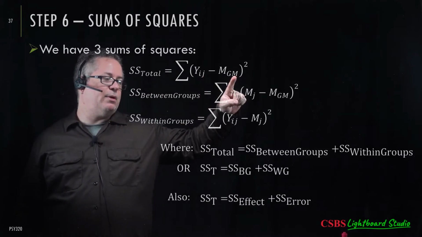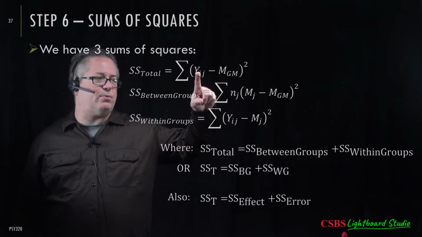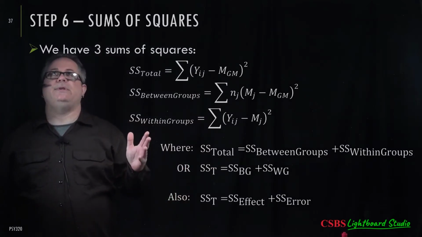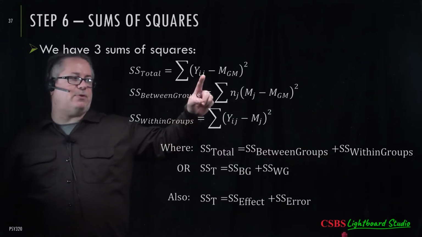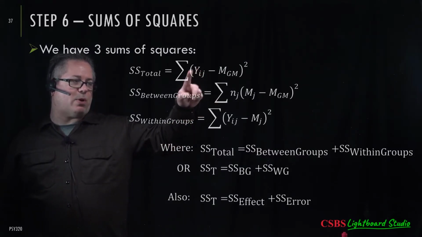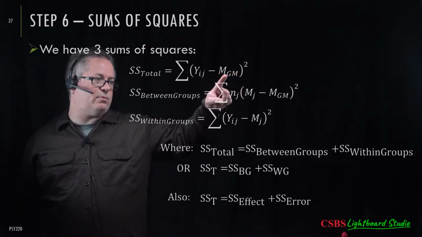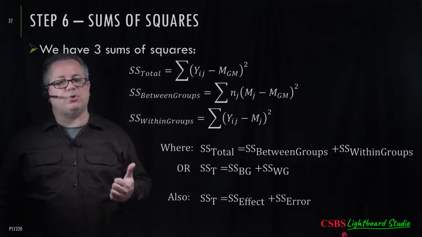You might notice that here all of a sudden there are y's instead of x's. That shouldn't matter. Whether I'm calling the outcomes y or x or z, it shouldn't make a difference. These are the individual scores on some variable I'm calling y, minus the grand mean on that variable, squaring each time. That is my total, so each score around the grand mean.